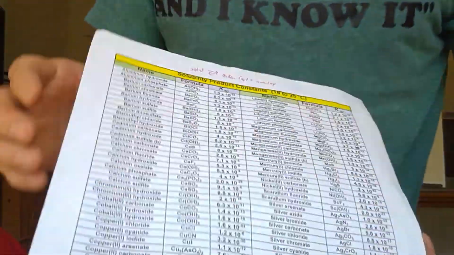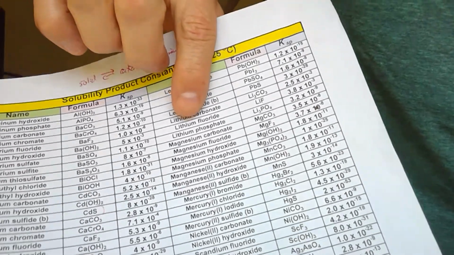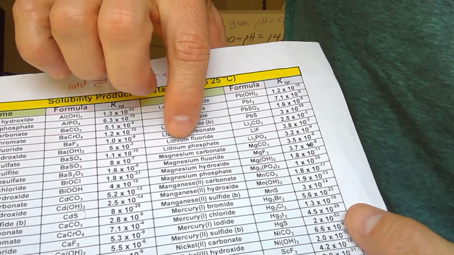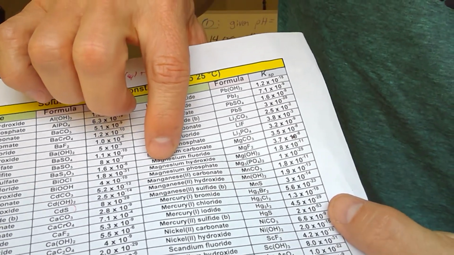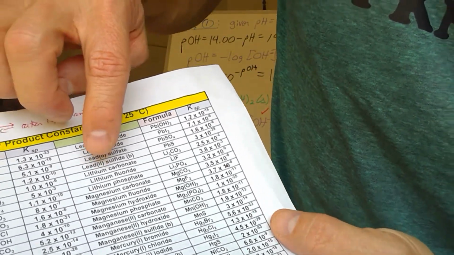All right, let's get our trusty Ksp table. Let's look for magnesium hydroxide. Lead, magnesium, I can't see upside down. Is that manganese or magnesium? Yeah, a lot of people, warning, red alert, a lot of people will do manganese instead of magnesium and get those backwards. Manganese is not magnesium.